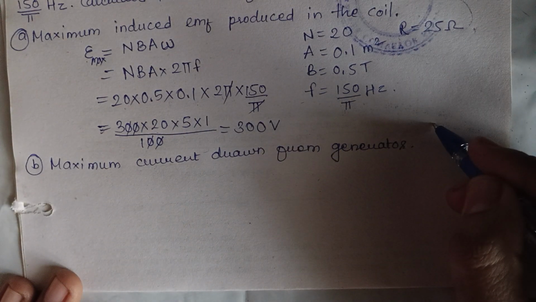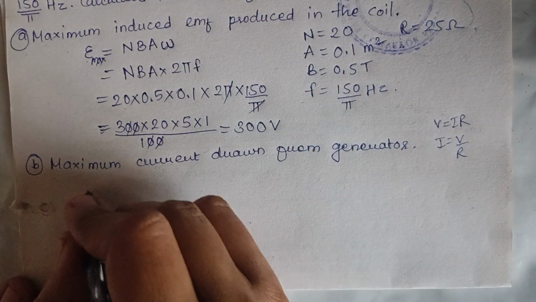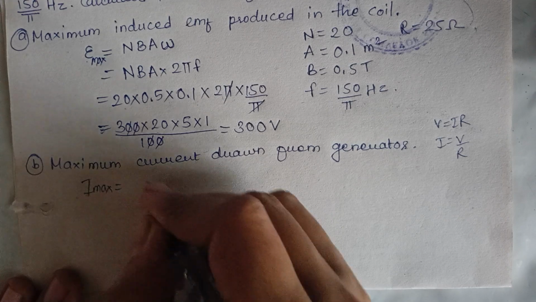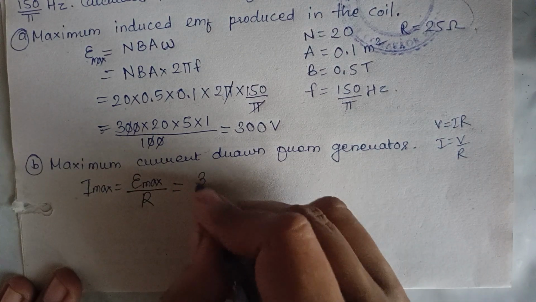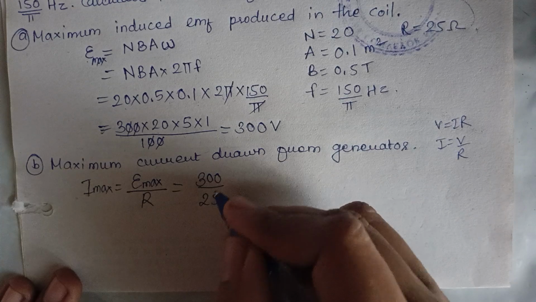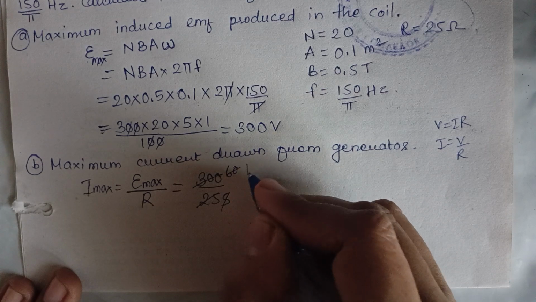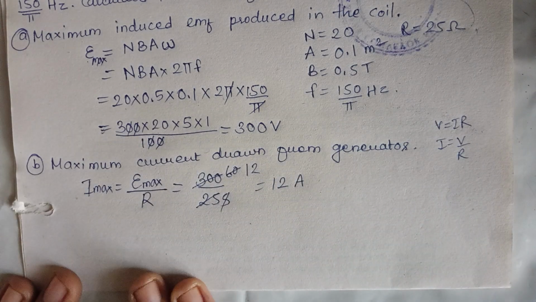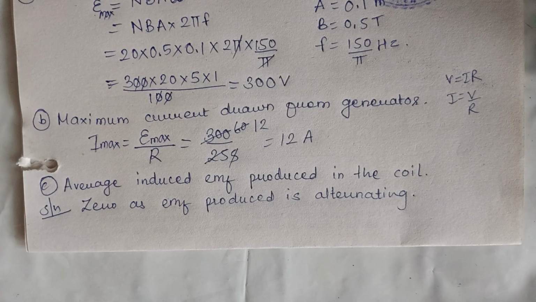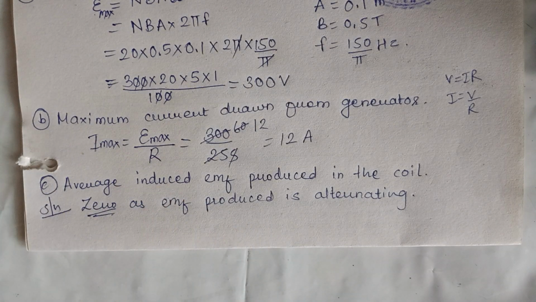Using Ohm's law, V is equal to IR, so I is V upon R. So I maximum is V maximum upon R, so 300 upon 25, which is 12 ampere. And one more sub question is there. Average induced EMF produced in the coil, it is 0, as we know that EMF produced here is alternating.